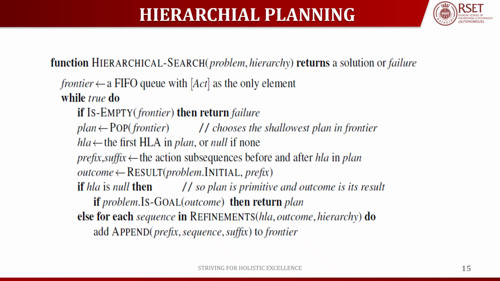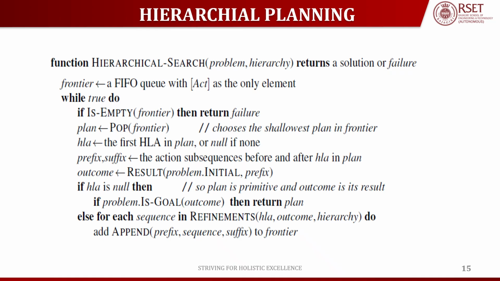Okay. And next you have to expand the plan. Expand the plan means replace HLA with the refined sequences. That is what you can see in add append prefix, sequence, suffix to frontier. This means that keep actions before HLA, insert the refined sequence and keep the remaining actions, that is your suffix. So add the new plan back to the frontier.